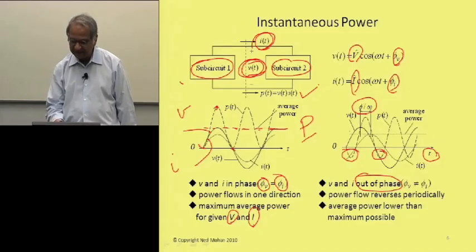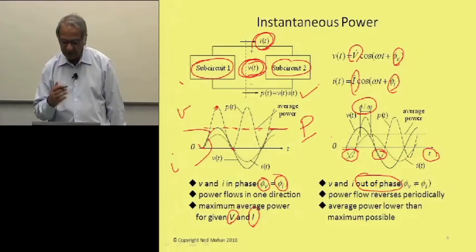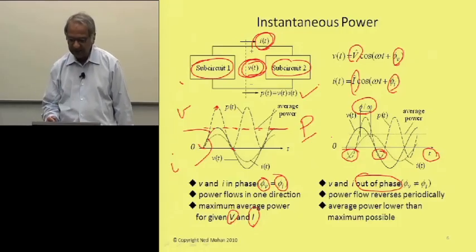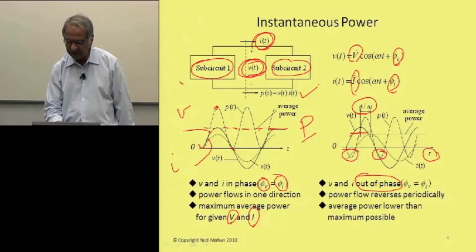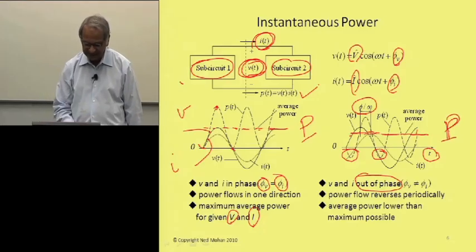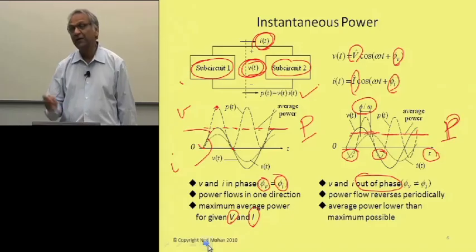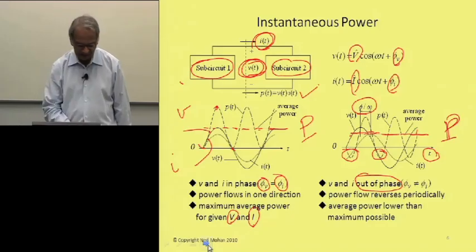So in this case, if you calculate for the same given values of peak voltage and peak current, you'll see that the average power, plotted over here as P, would be less than what was maximum possible in the previous case, where voltage and current were in phase.